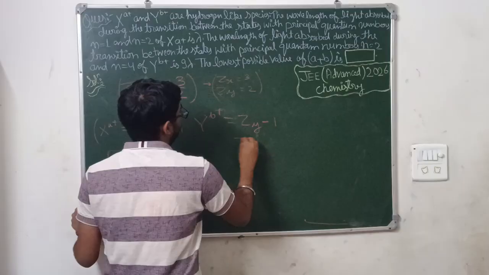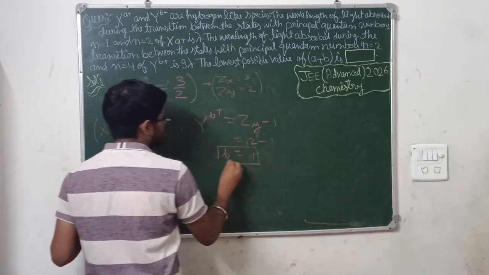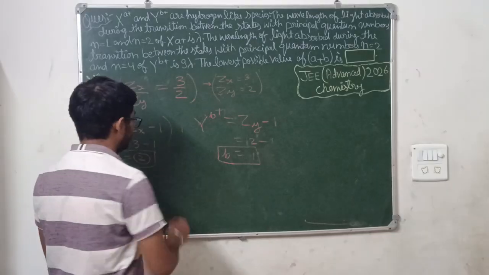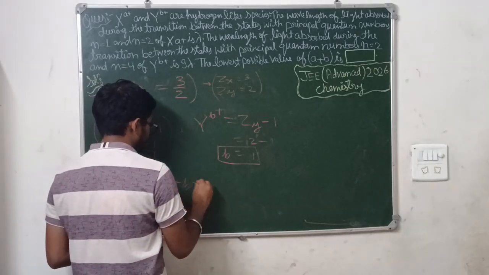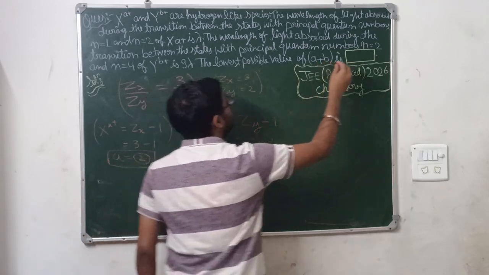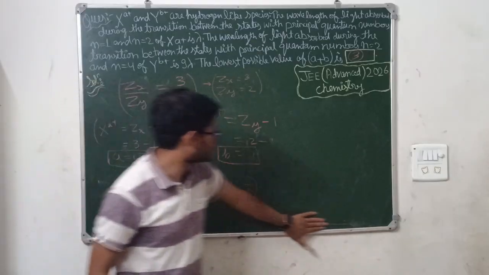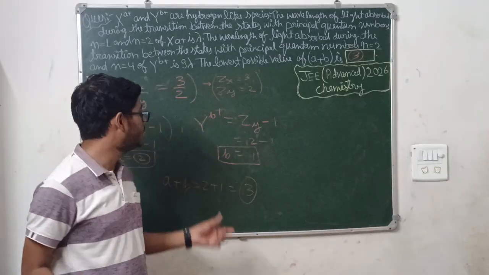And from 2 minus 1, this is 1, we got the value of b. So a plus b is 2 plus 1, which is 3. So the answer for this question is 3.